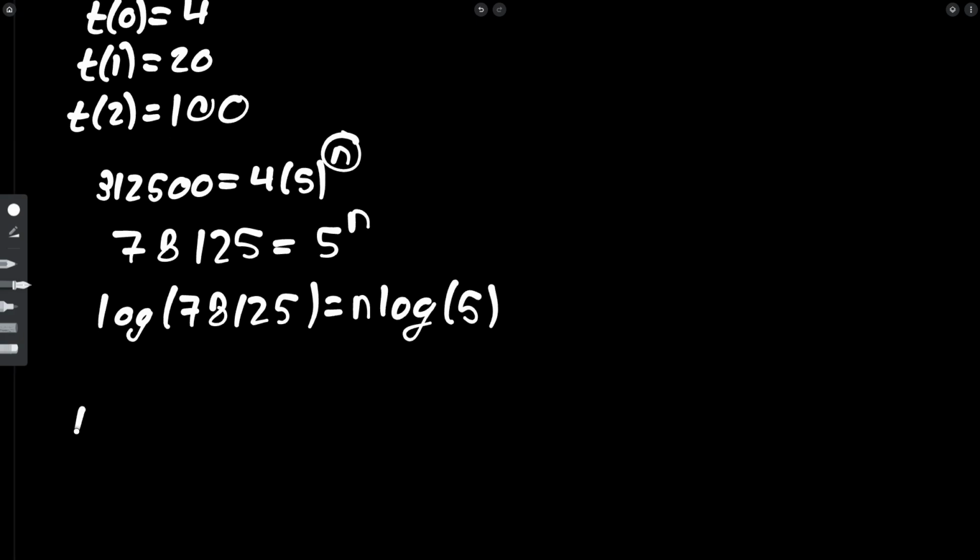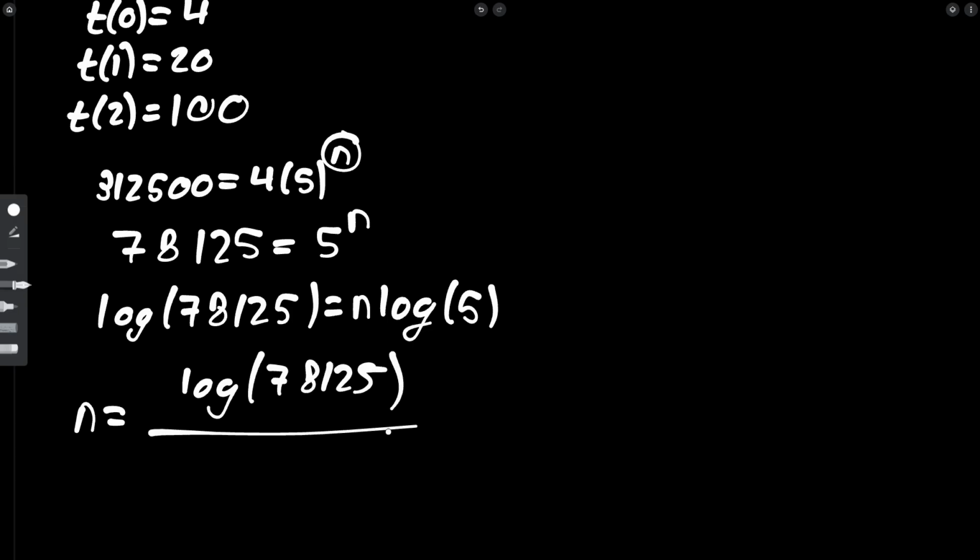And now we can see that n equals log of 78,125 over log 5. Let's check if this answer is indeed an integer value, because if it is, then we have an answer.